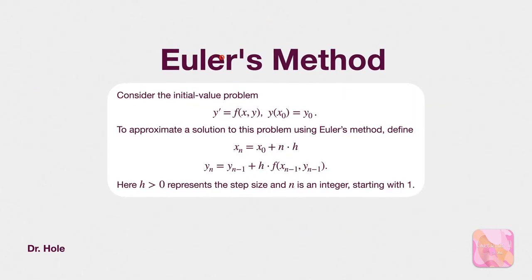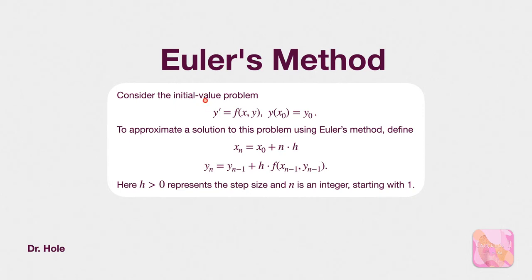So Euler's method is a numerical method. When do you use Euler's method? You use Euler's method to numerically approximate a solution to an initial value problem. So this is an IVP. The IVP comes in the form of a first order differential equation where the y prime is isolated.